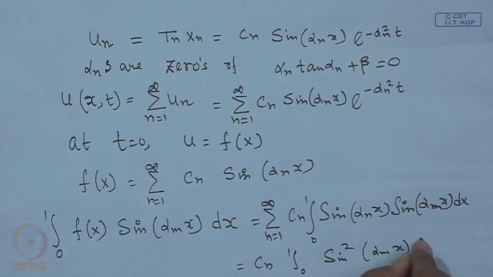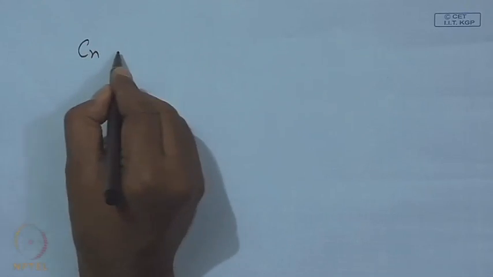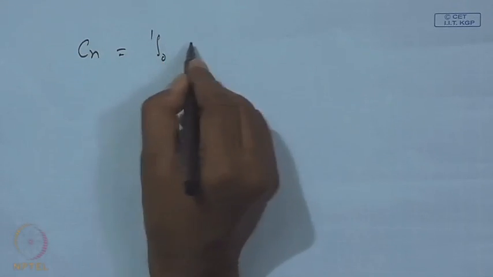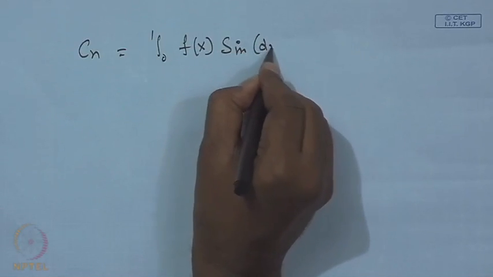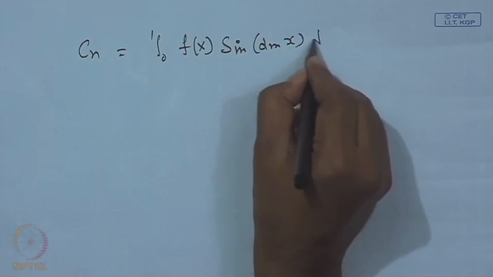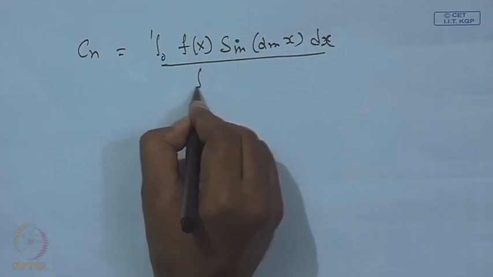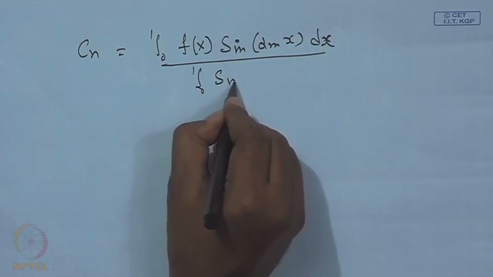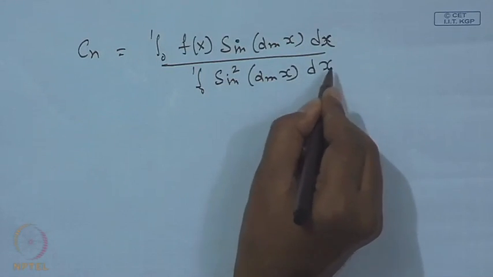Now, let us solve this problem. So, what is C n? C n is nothing but the integral from 0 to 1 of f of x sin alpha m x dx divided by the integral from 0 to 1 of sin square alpha m x dx.